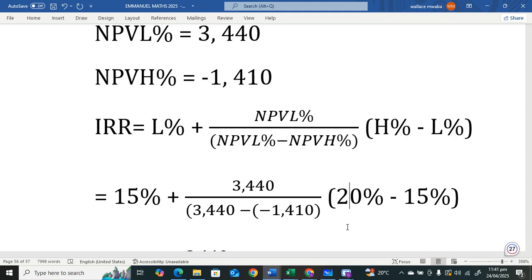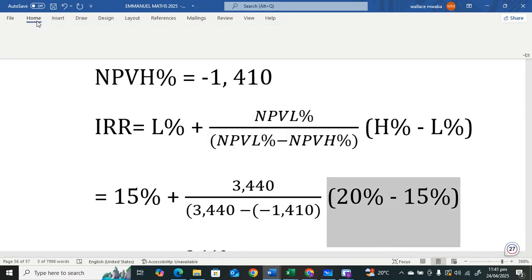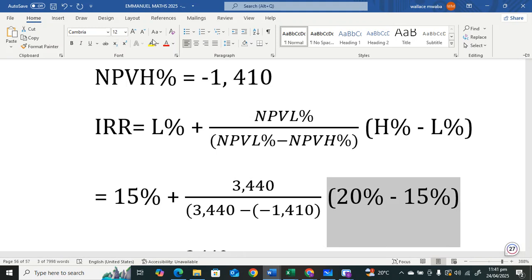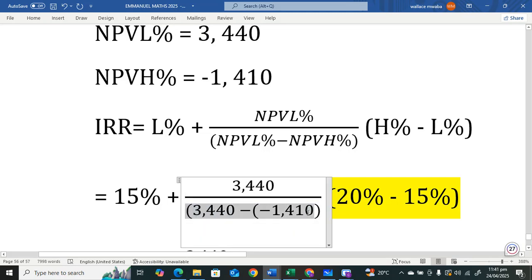So 20 minus 15. Then after that, you start with this in the brackets here. Let's do it, colleagues. Get our value there. And also here, this in the brackets here. Let's get our value.